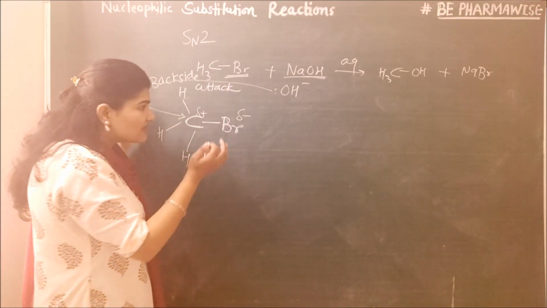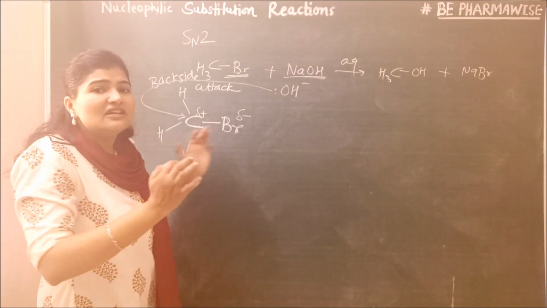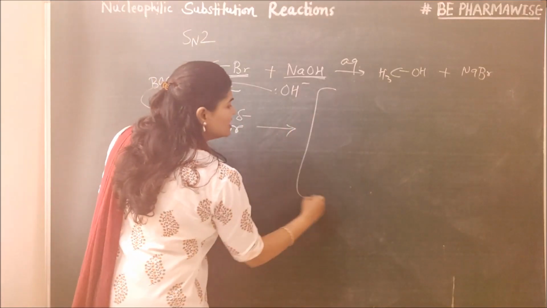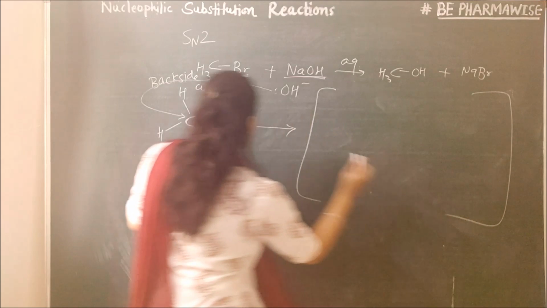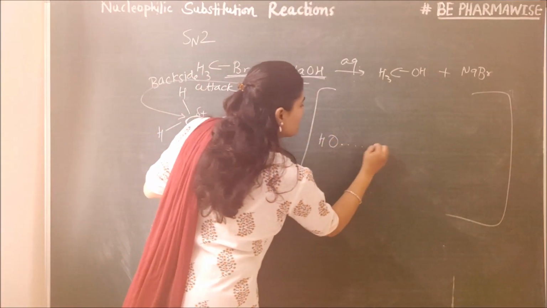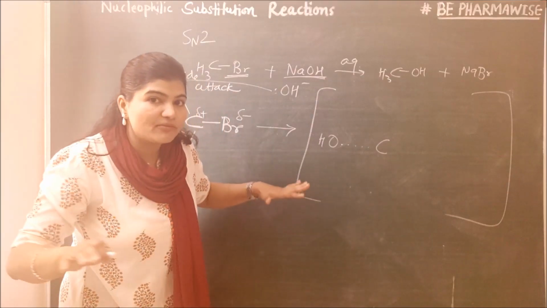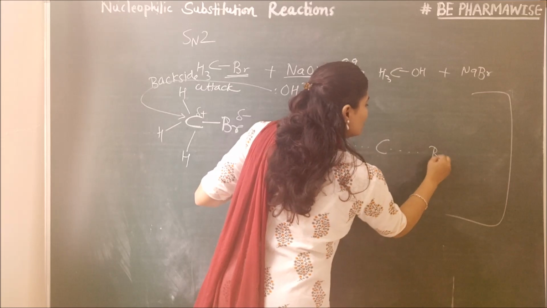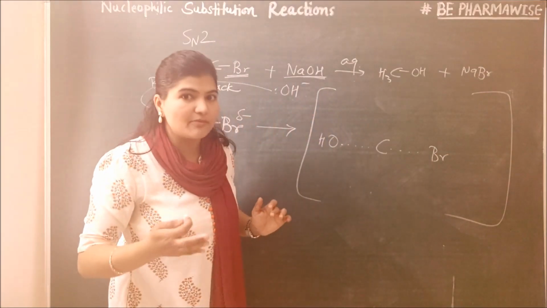So this takes the molecule to a very unstable state, which is called the transition state. In the transition state, OH minus has come to form a bond with carbon. It has not yet formed completely, so I have shown a partial arrow. Here bromine is in the process of breaking its bond with carbon.